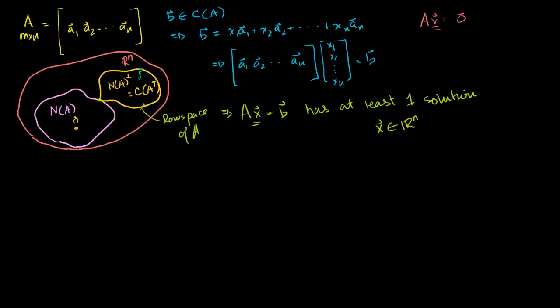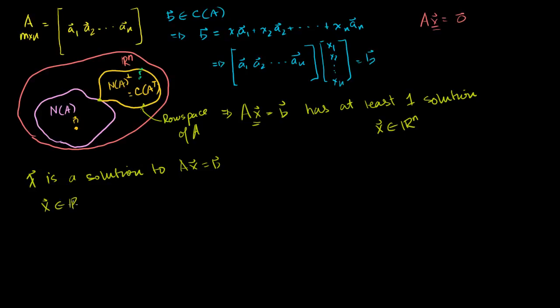So any solution to this equation is a member of Rn, so it must be able to be represented by some member of our null space and some member of our row space. So let's write that down. Let's say x is a solution to Ax equals b, which also means that x is a member of Rn.